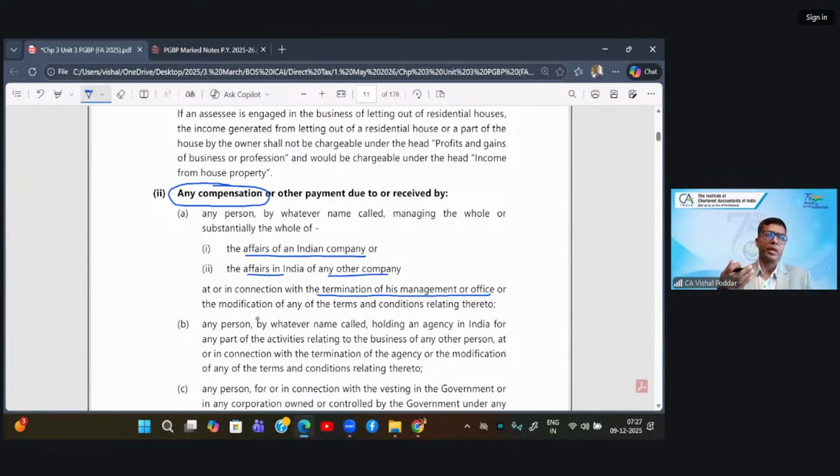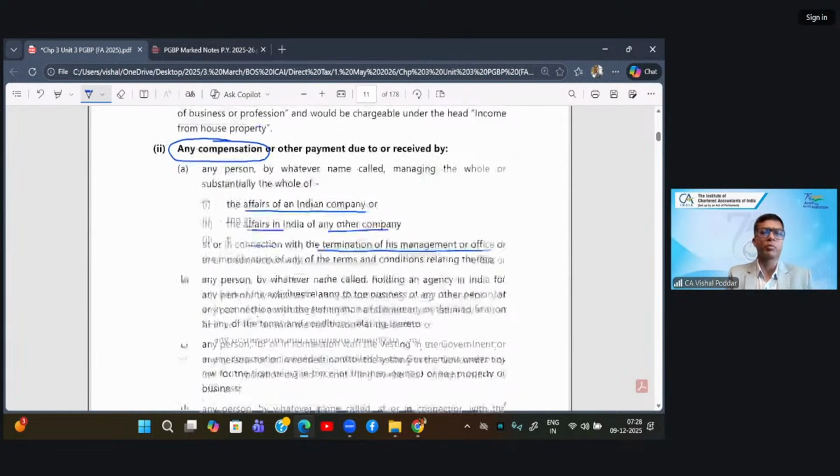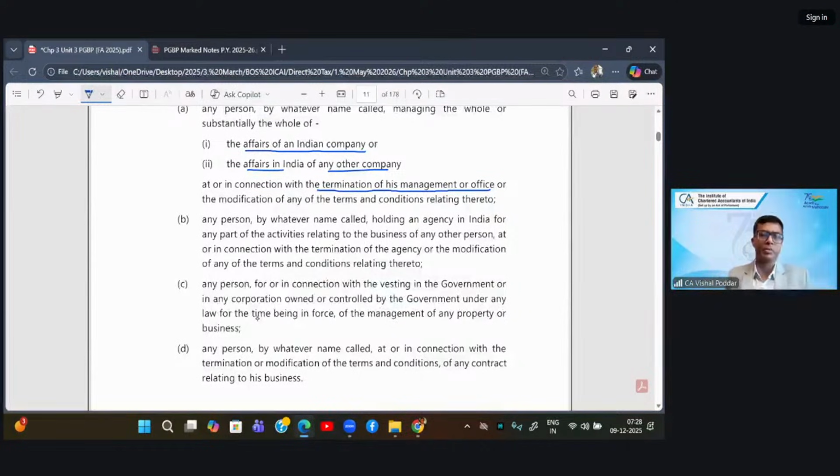There was a period where banks were earlier private, but later on they were nationalized, that is, the management was taken over by the government. Similarly, there was a period when airlines were also taken over by the government. So wherever government takes over the management of any business from you and pays you some compensation, that is PGBP income.